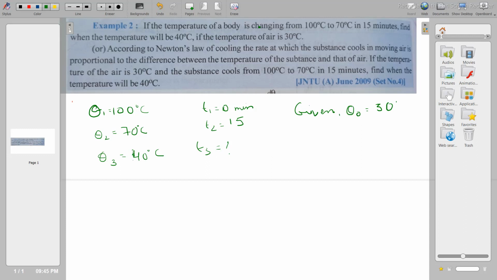See, here it is: the temperature of air, theta naught, is 30 degrees Celsius. Okay, now we will move step by step.